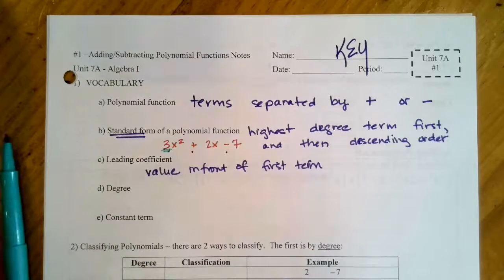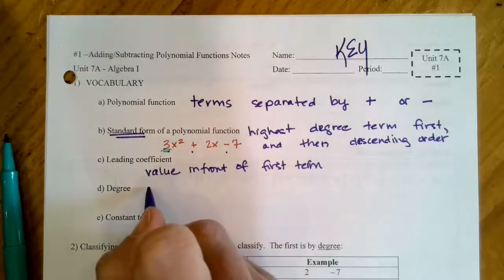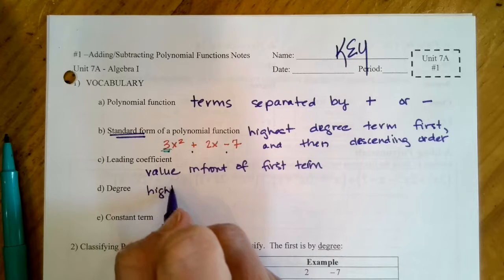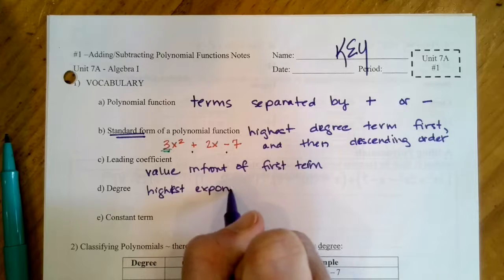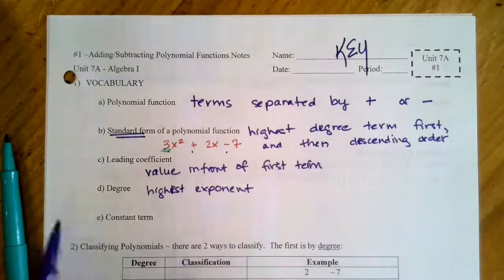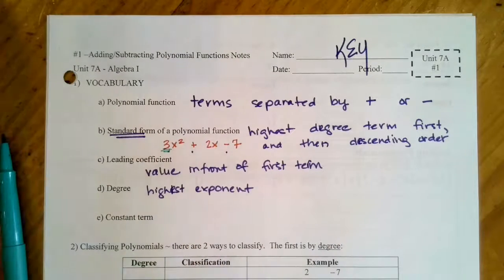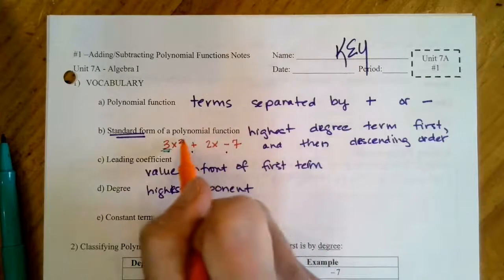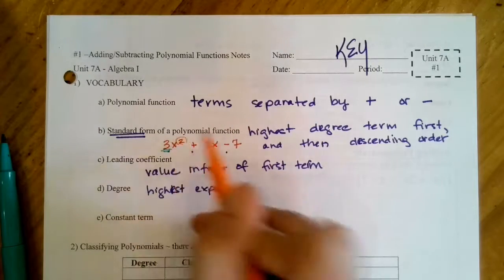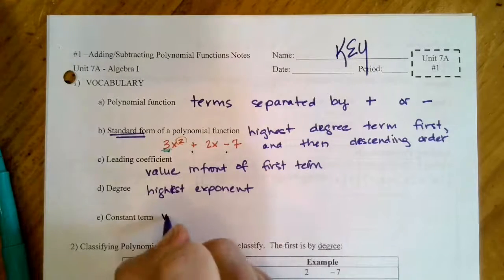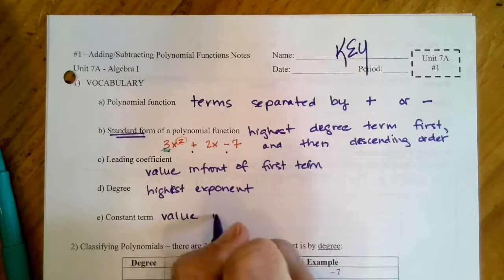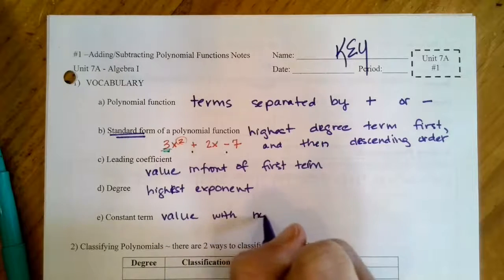Okay, my degree is going to be the highest exponent. And in this case, the degree of this example is going to be quadratic. It is squared. And our constant term is going to be our value with no variable.